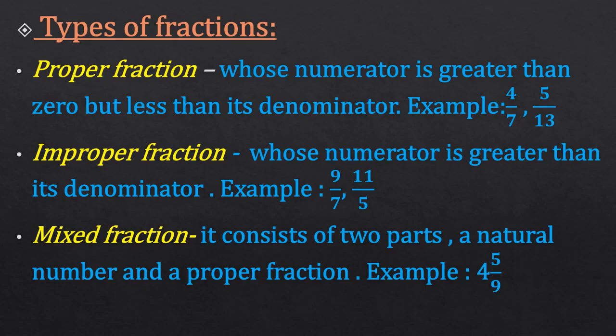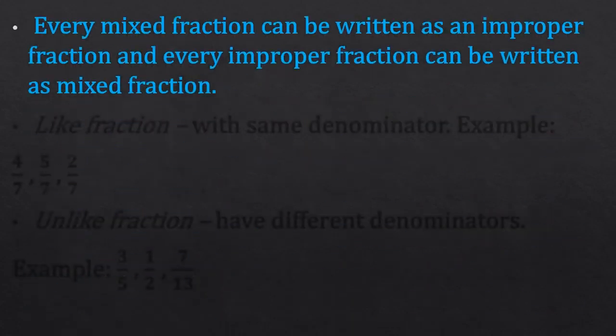That's why it is a mixed fraction. Every mixed fraction can be written as an improper fraction and every improper fraction can be written as a mixed fraction. We can convert mixed fractions into improper and improper into mixed fractions.